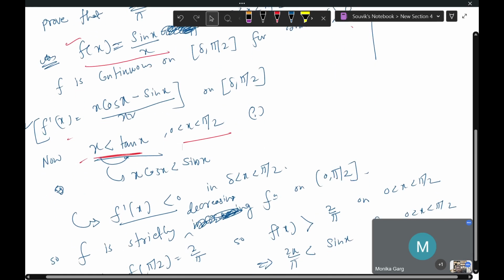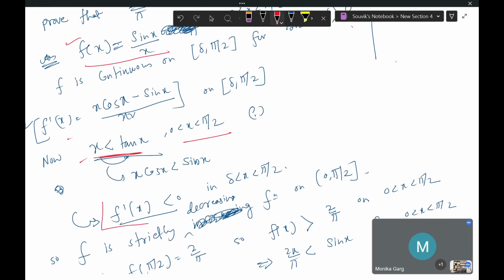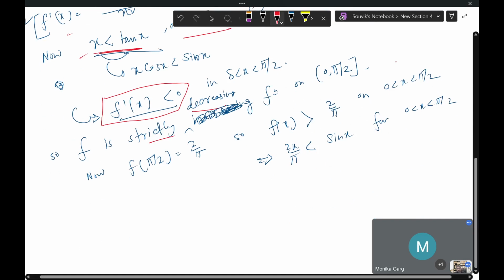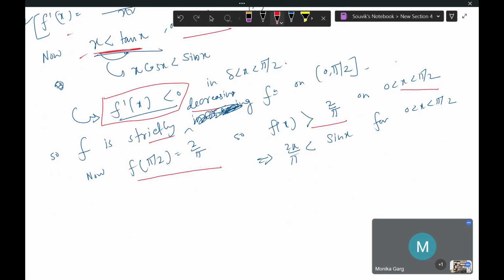So this implies 2x by pi is less than sin x. Do you understand the whole solution?